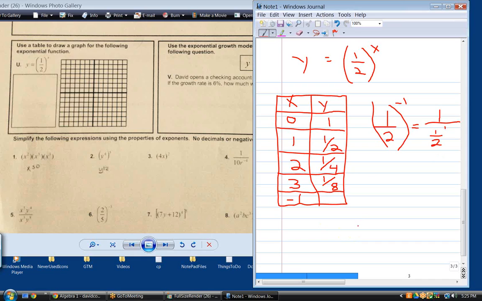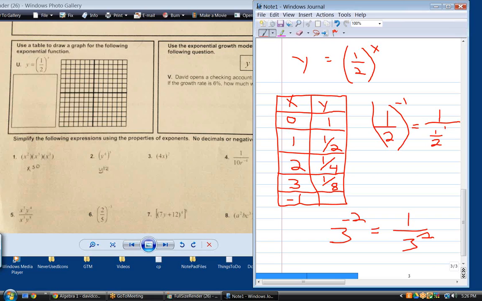Okay? Let's just review that for a moment. What is 3 to the minus 2 power equal to? 1 over 3 squared.